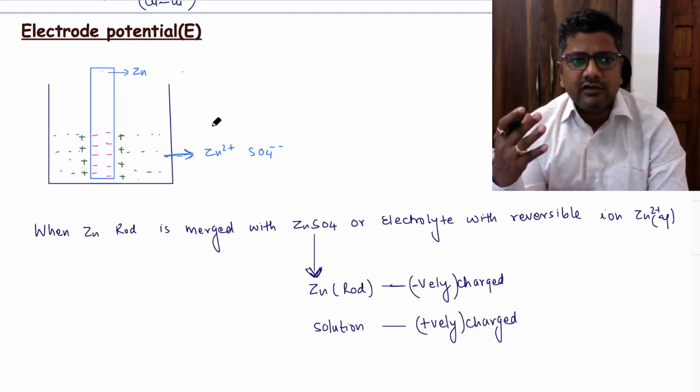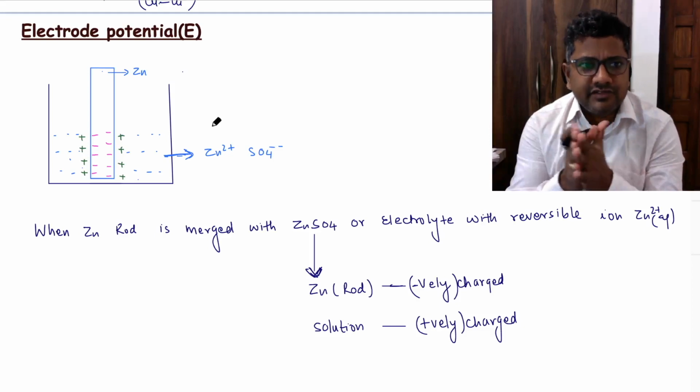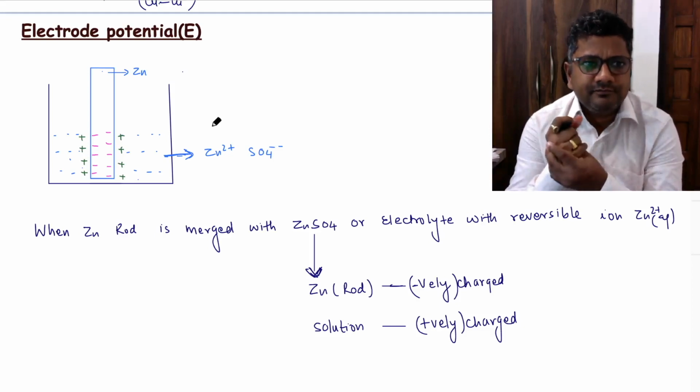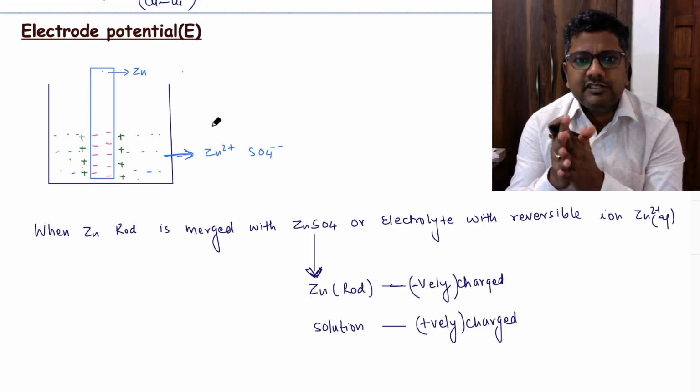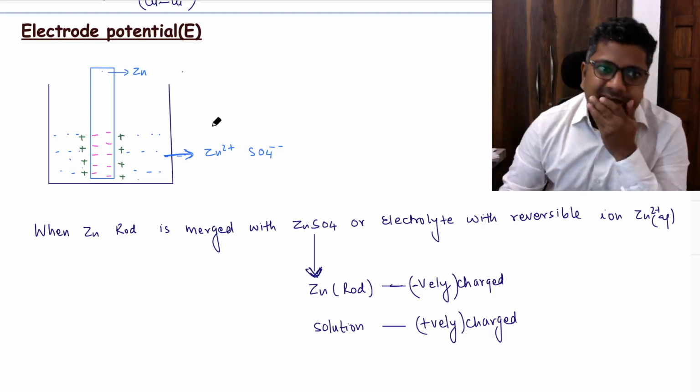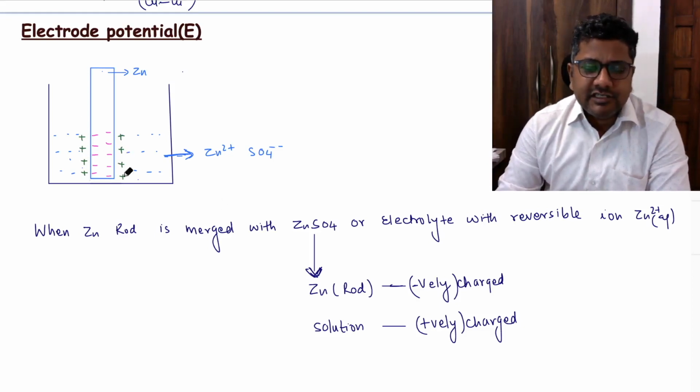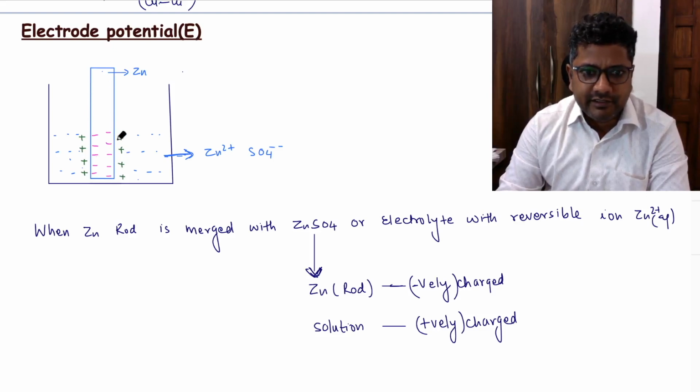And all of you know that the whole system is always electrically neutral, but local polarization is developed in the vicinity of this zinc rod.